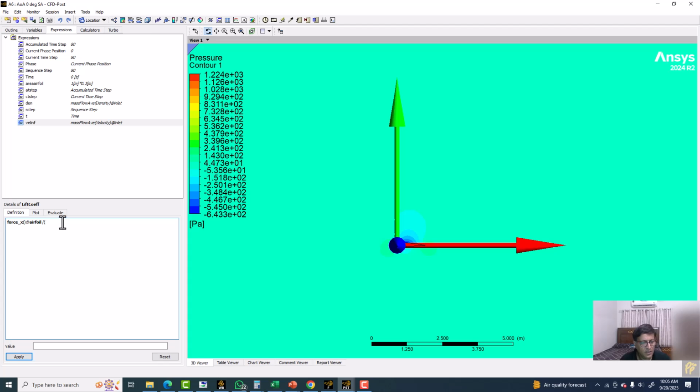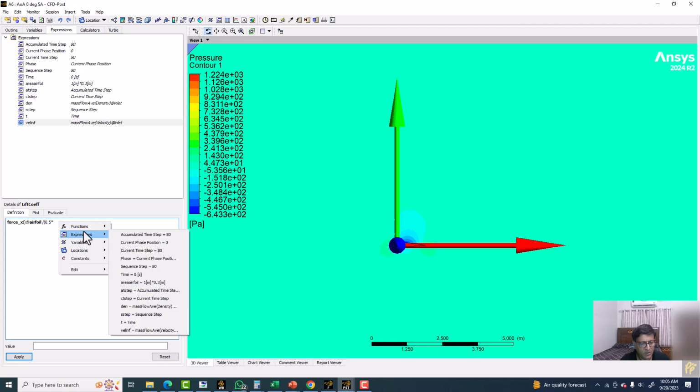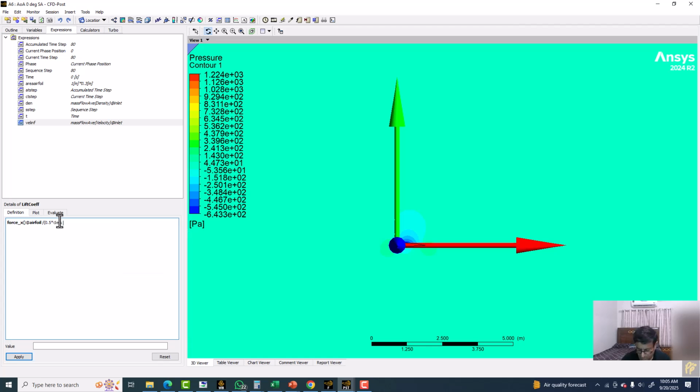Divided by 0.5, multiplied with 1 upon 2 density velocity square into the area. So expression of the density, then the area.